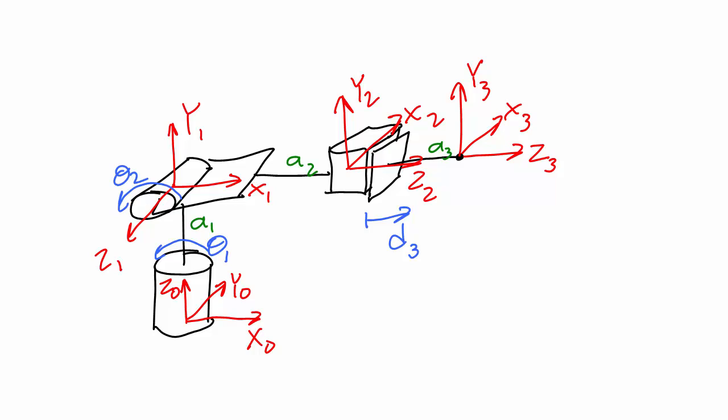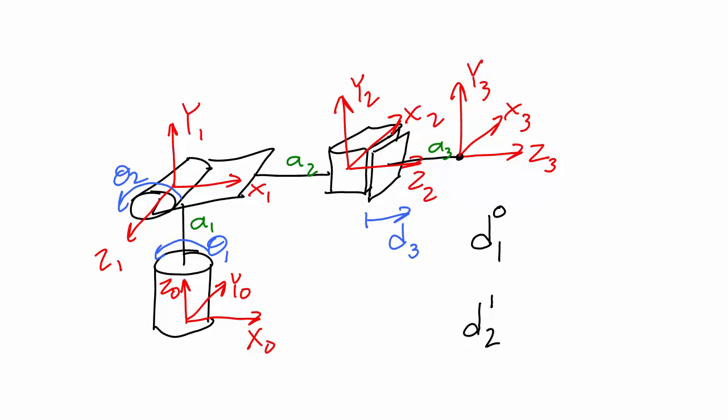Now, when I find the displacement vectors, I have to find one displacement vector for each set of adjacent frames, just like we did with the rotation matrices. So I should find the displacement from frame 0 to frame 1. I need to find the displacement from frame 1 to frame 2.